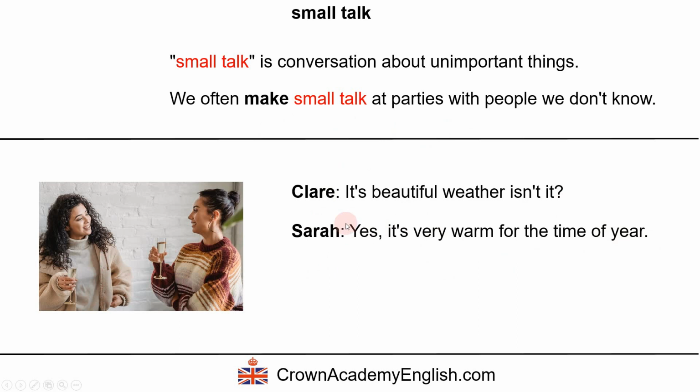In this context, we say Claire and Sarah are making small talk. They're just talking really to be polite. They don't really know what to talk about. They don't want to talk about politics or religion. So they just talk about the weather or your holidays, or what they can see. So this is small talk.